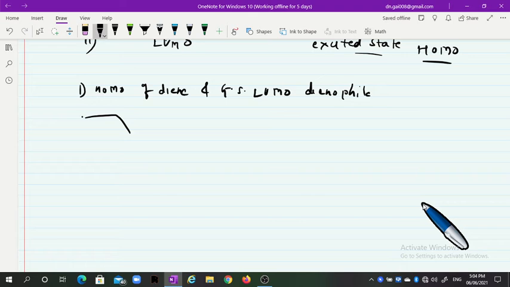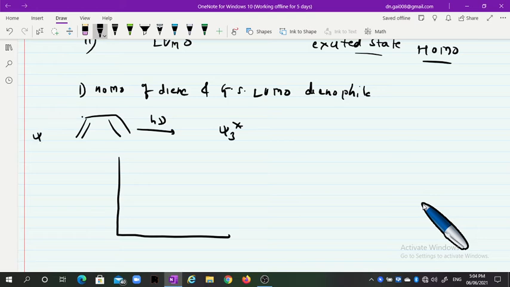If butadiene gets excited, its HOMO becomes Psi3 star. Let us draw the diagram for this system: Psi1, Psi2, Psi3 star and Psi4 star are the molecular orbitals.